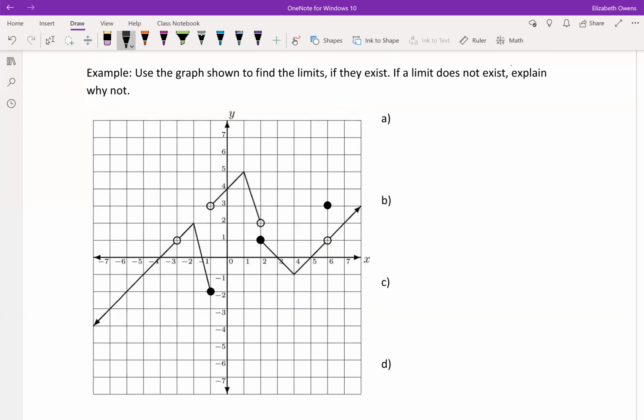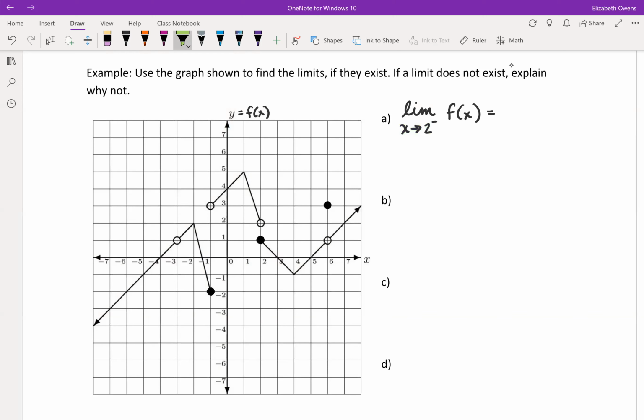So the first limit we're going to look for is the limit as x approaches 2 from the left of f of x. We're saying that y equals f of x here. All right, so we're focusing in on the point where x is approaching 2.